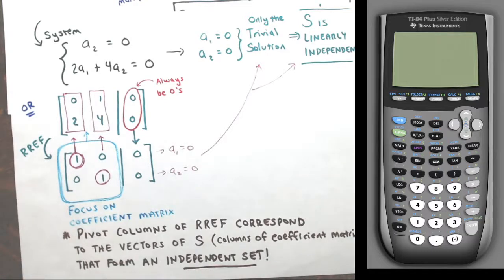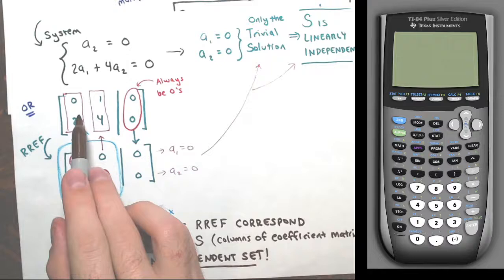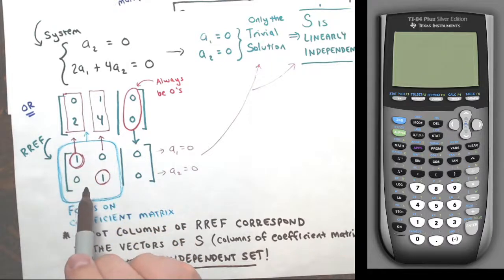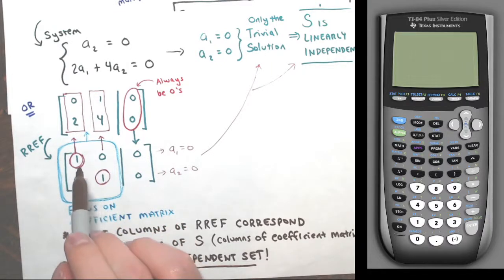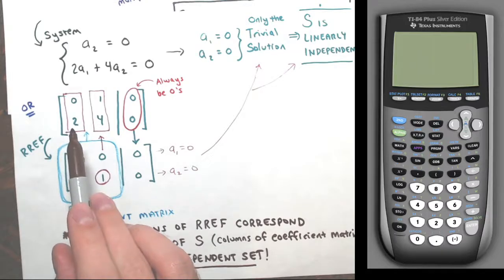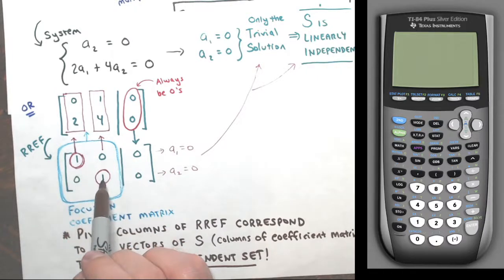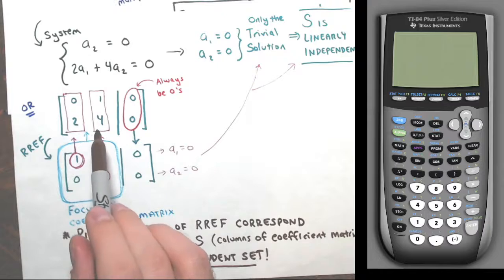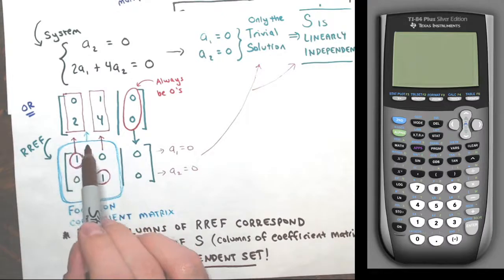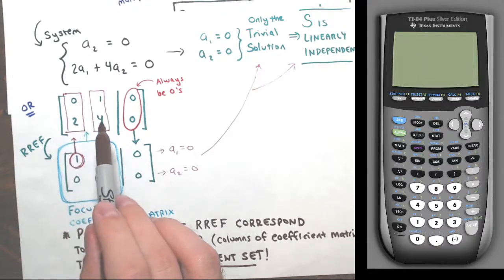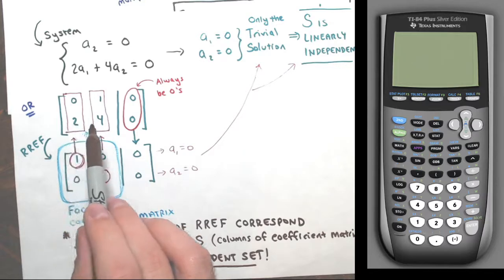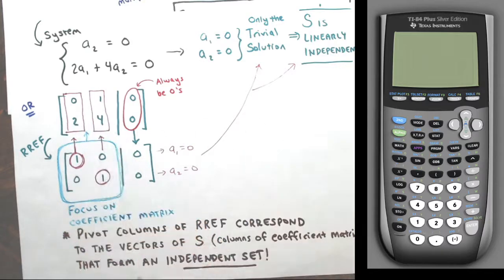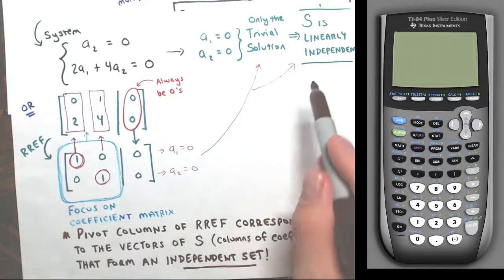So you see here how when I put the coefficient matrix into reduced echelon form, the first column is a pivot column. So the first vector, 0, 2, this first column of the coefficient matrix, is part of it, and also the second column is a pivot column. So the first two columns are pivot columns, which means the first two vectors of S, 0, 2 and 1, 4, form an independent set, which we've already said, right?